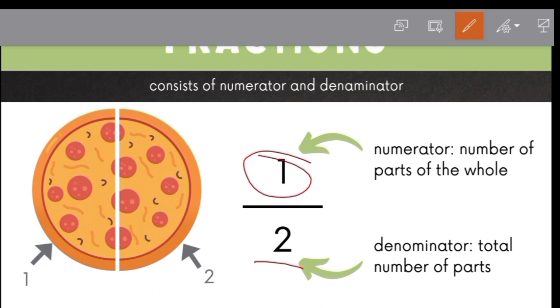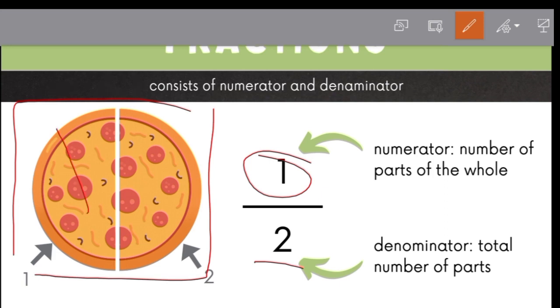So, let me paint a picture for you to understand the numerator and denominator. So we have two pizza slices here, right? And if I eat one of them, let's say I ate the first slice, what fraction of the pizza did I eat?